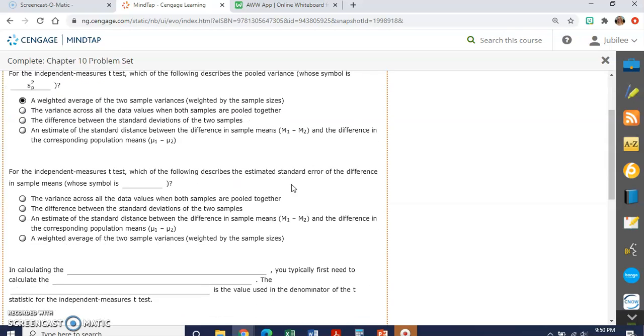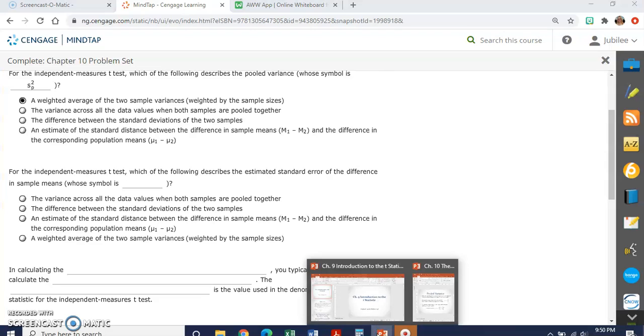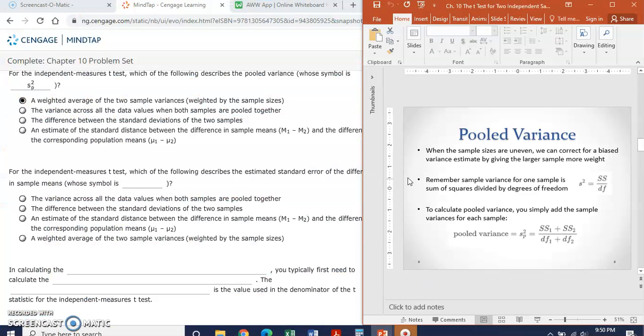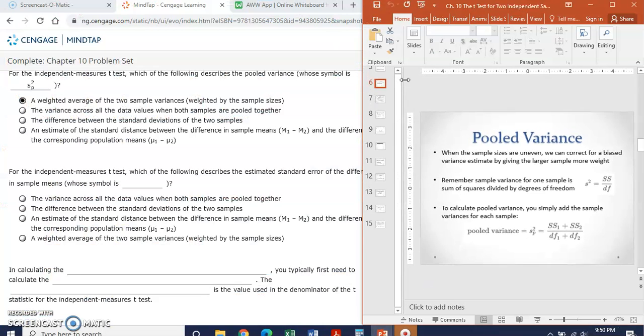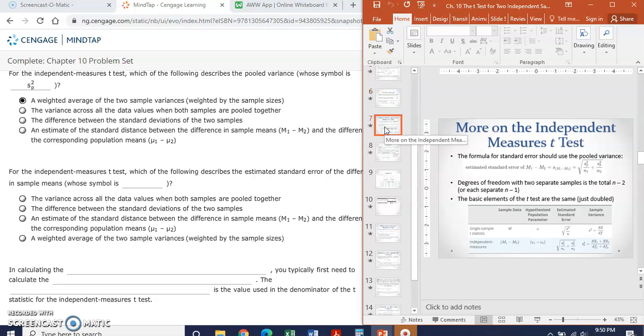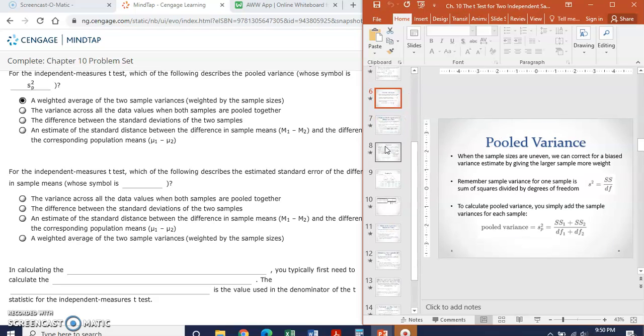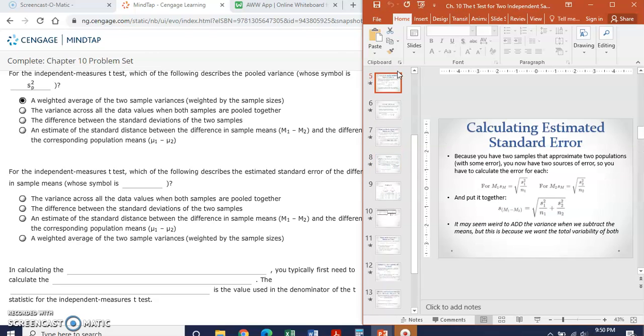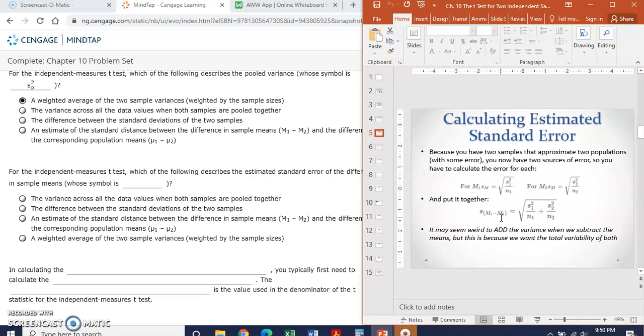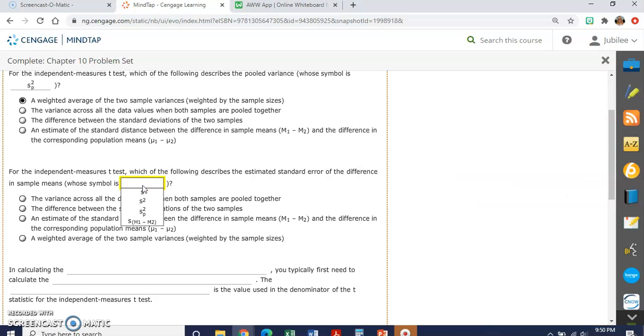The next question is about the standard error. So let me look back at the PowerPoint and find the question about standard error. So I can see here the symbol for standard error. It's very long in this chapter because it's the standard error of the difference between the means, and so it's M1 minus M2 as a subscript.